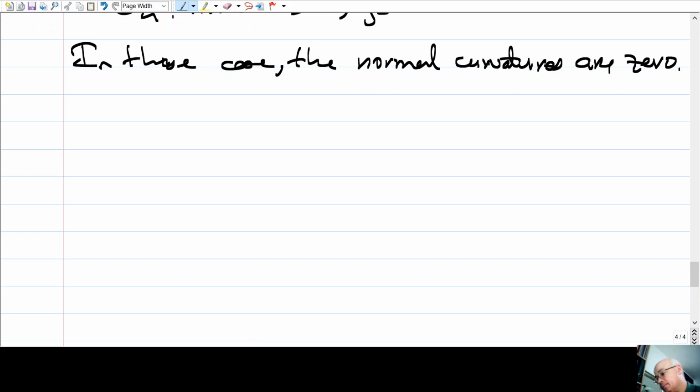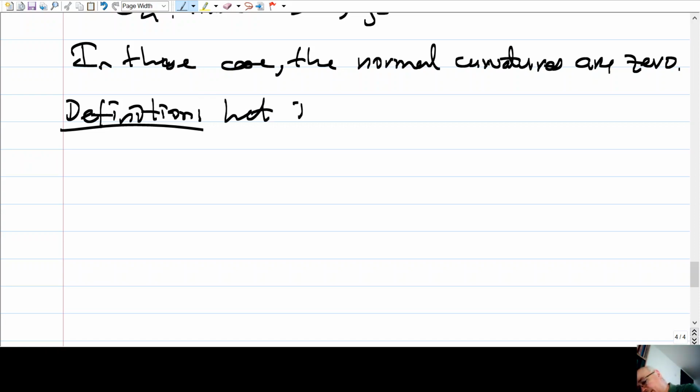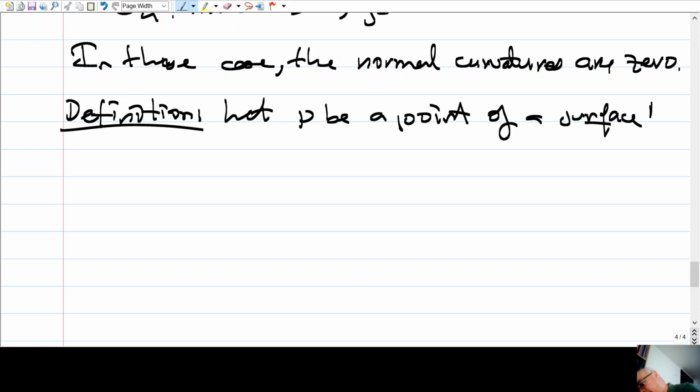Okay. Here is a definition. So here we have seen that normal curvature can be positive, negative, or zero. Now we will define the extreme values of these curvatures. Let P be a point of a surface M in R3.